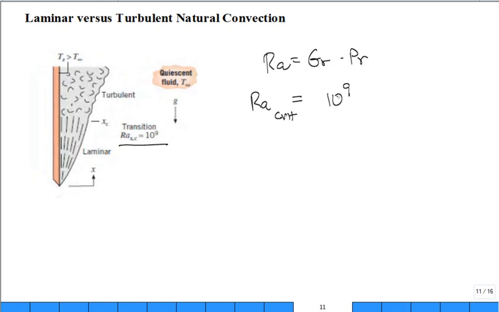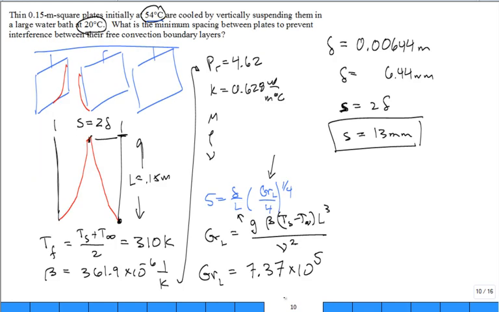For the previous problem, the Prandtl number is about 1, so the Grashof around 10 to the 9, and the Rayleigh about 10 to the 9, and this is well below the critical, so this stays laminar. But if somebody would have predicted this to be 10 to the 12th or something, then I would have said, whoops, it's going to be turbulent somewhere.